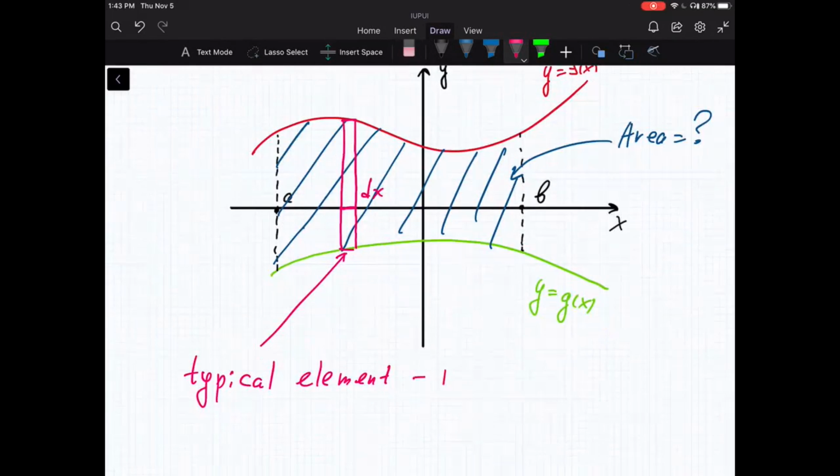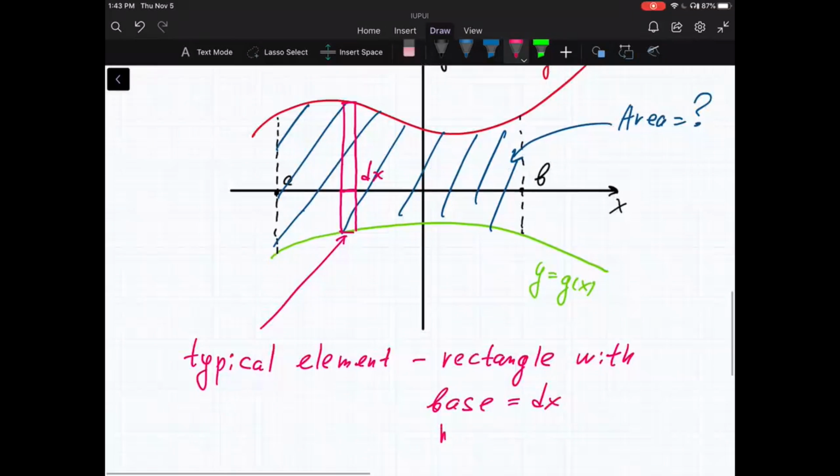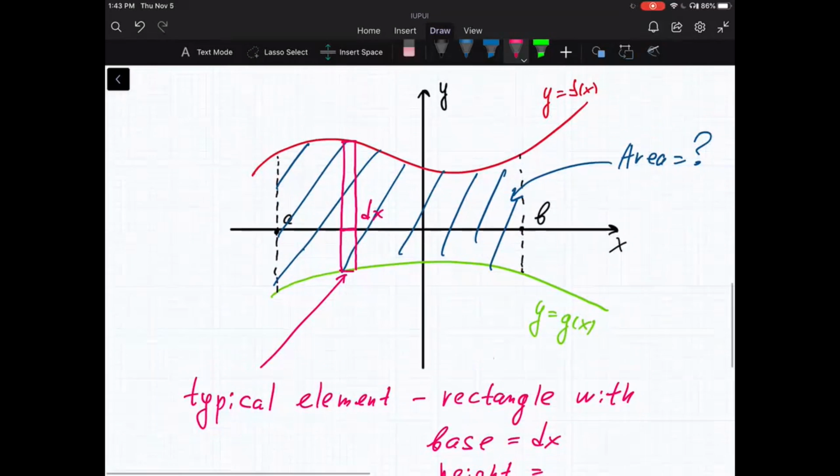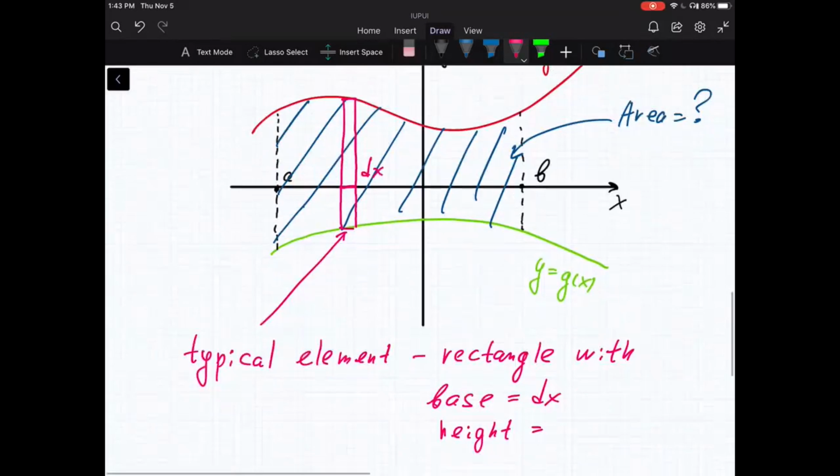So it's a rectangle with the base that equals dx, but now the height is equal to what? It is f at point x minus g at point x, as you can see from the picture.